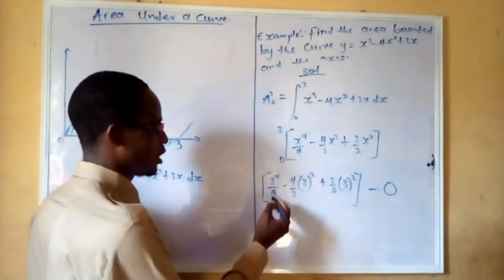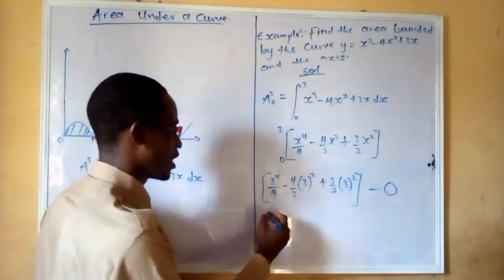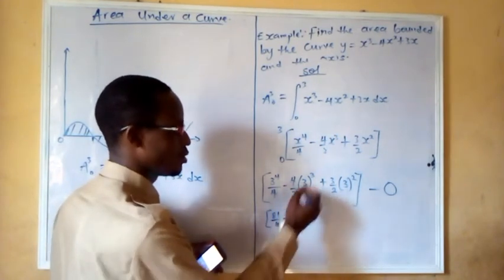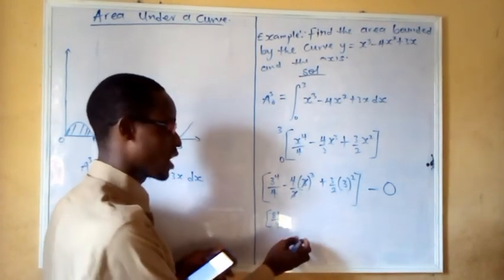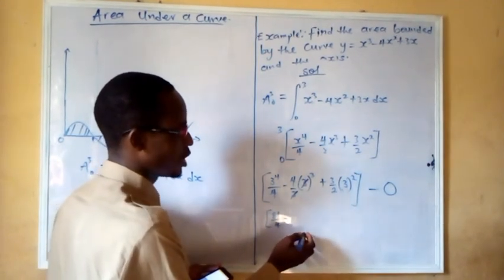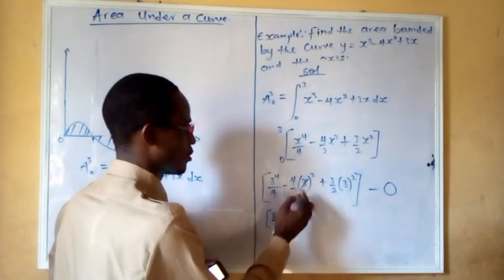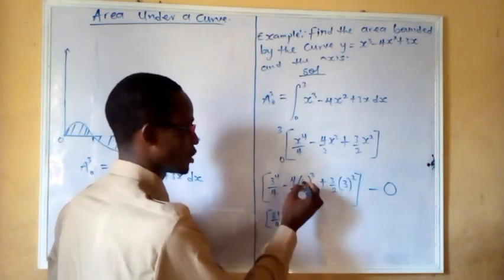So I think here 3 raised to the power 4 is 81. So we have 81 all over 4 minus, 3 goes here, that's 4 times 9. But anyway, we can still make use of it. So we can find the fraction altogether.